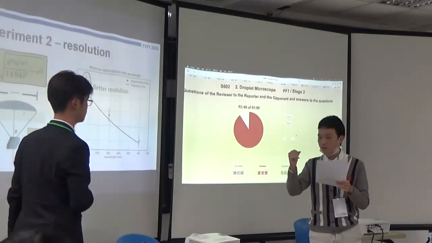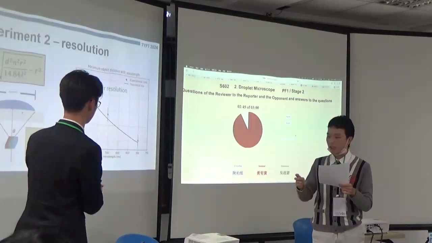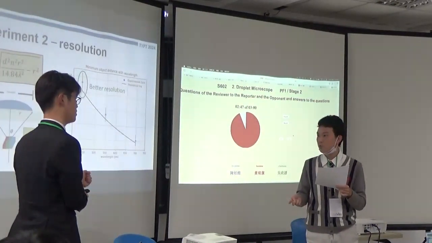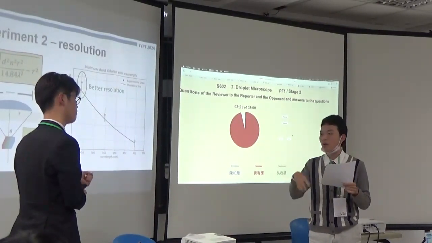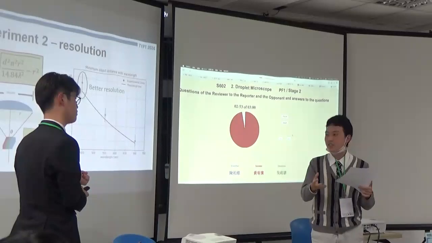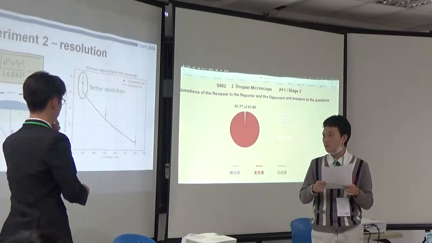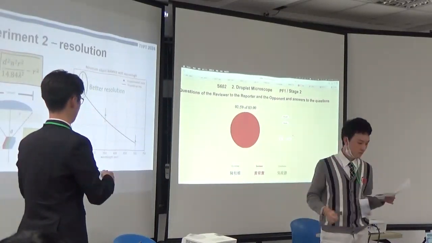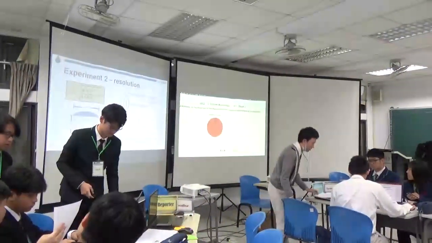Do you use your eyes to test if it's one dot or two dots? Because you use optical resolution, yes? Then do you use your eyes or another app or imaging system to test if these are the same dot or not? No, I didn't. Excuse me, time's up. Reviewer, you got 2 minutes to prepare for your review.